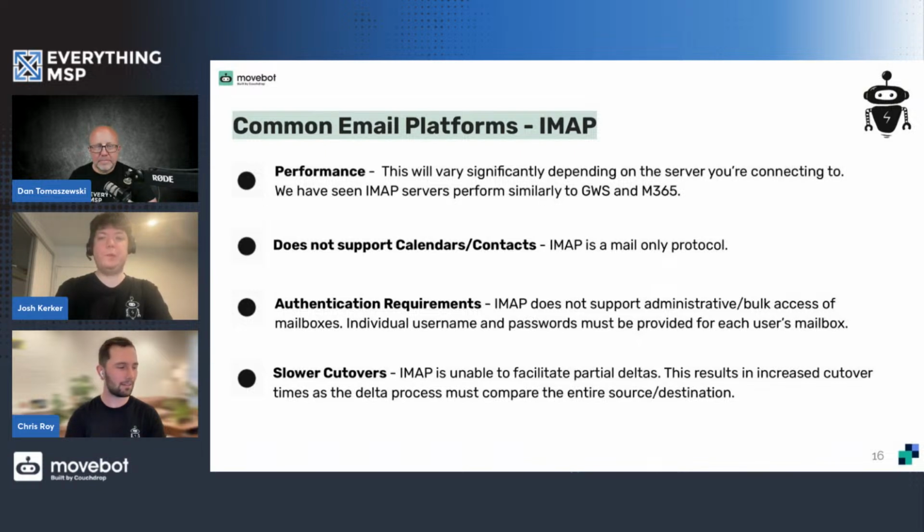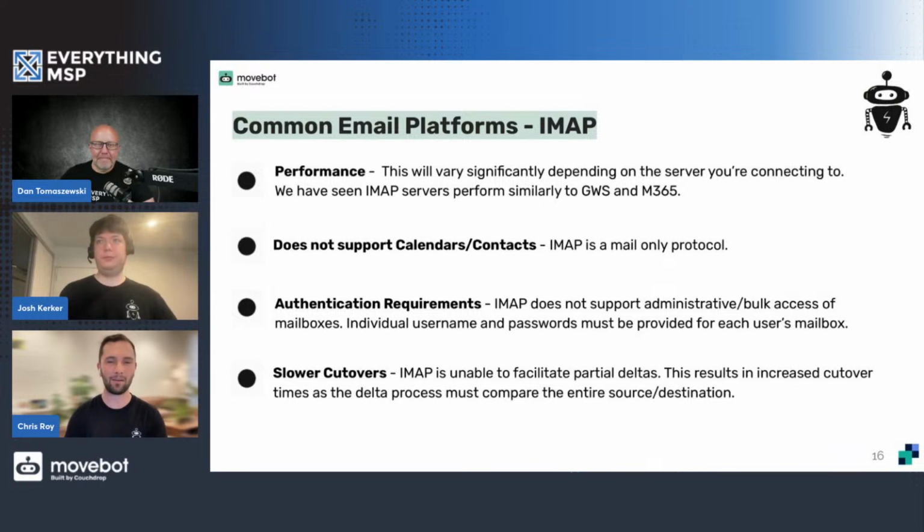Awesome. Right, must be time to talk about the beautiful IMAP. It is our last platform we will touch on today, and so yeah, nice to round out with the oldest of the bunch. So on the performance front, as Josh mentioned earlier, performance with IMAP is going to vary significantly depending on which server you're connecting to.